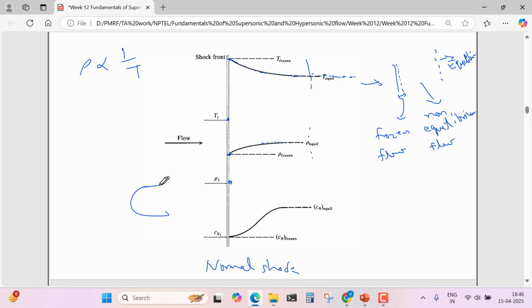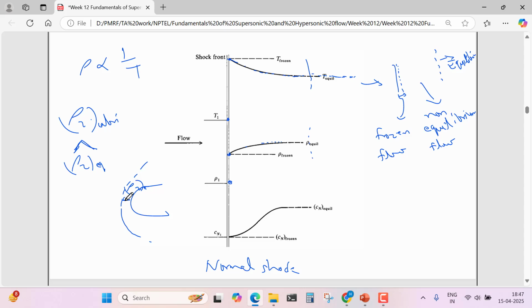So let's say this is the body and this is the shock. Before, the density was, let's say, rho 2 calorically perfect gas, and later this is rho 2 equilibrium. So rho 2 for calorically perfect gas will be less than equilibrium rho 2. For the equilibrium, rho 2 will be high.